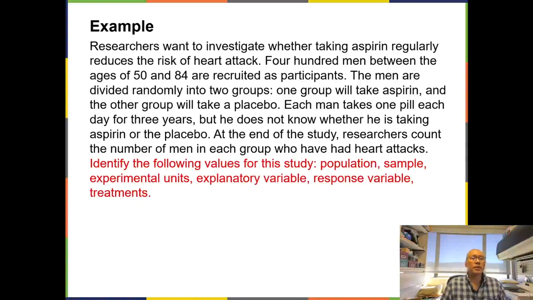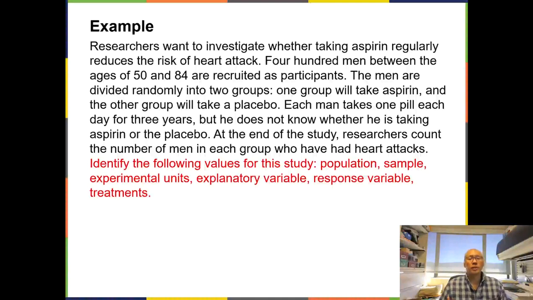Here in our example, we have a researcher who wants to investigate whether taking aspirin reduces the risk of heart attack. 400 men between ages 50 to 84 are recruited as participants. The men are divided randomly into two groups.